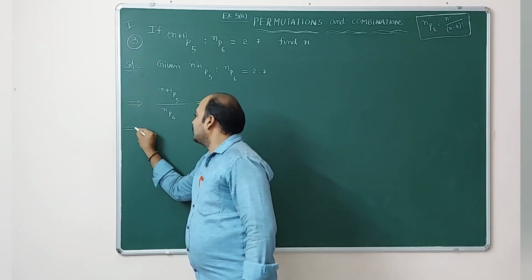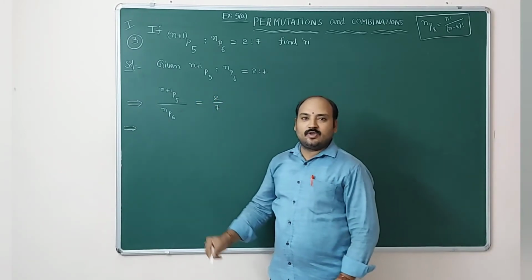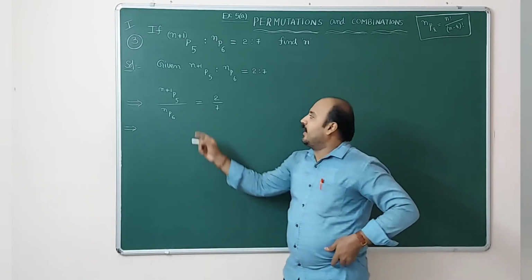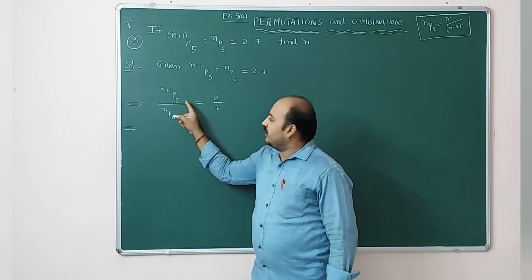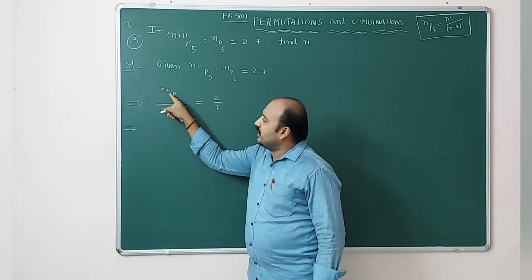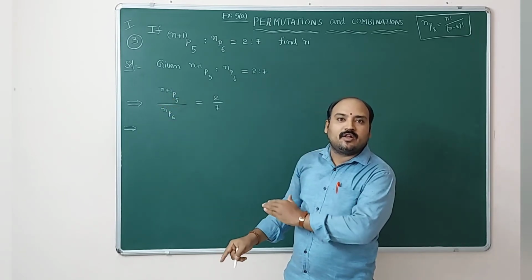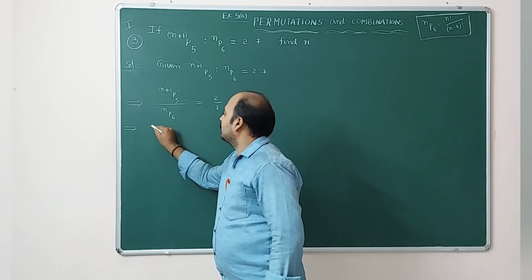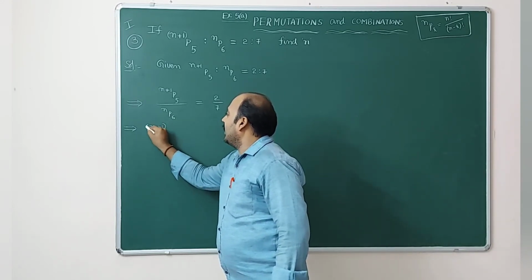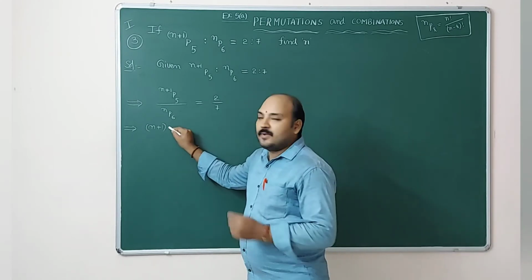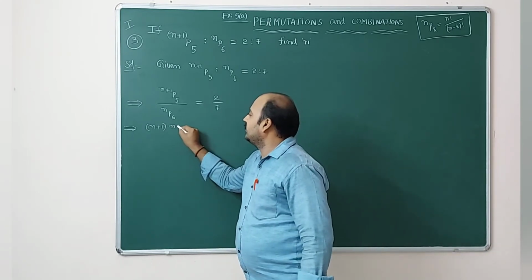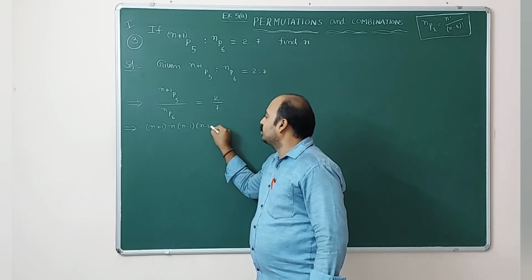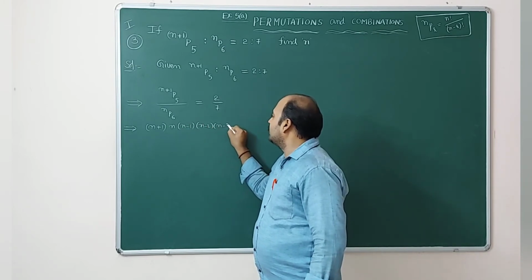That implies, we already did problems based on this type of questions. (n+1)P5, here 5 is there, including n+1 in decreasing order, write 5 terms, the product of 5 terms which are in the decreasing order. (n+1) minus 1, that means n into (n-1), (n-2) into (n-3). We can stop it here. Why?